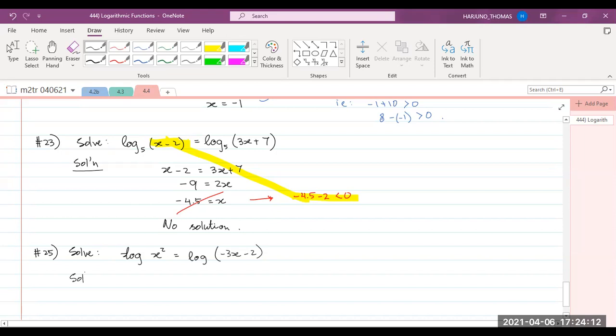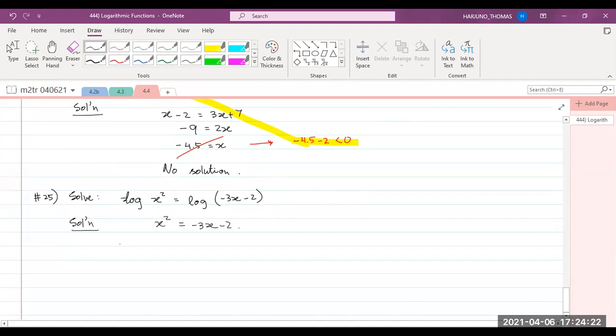Log blah equals log bleh implies blah equals bleh. And then you solve it. Set one side equal to 0. So we get x plus 2, x plus 1 equals 0. So x equals -2, x equals -1.